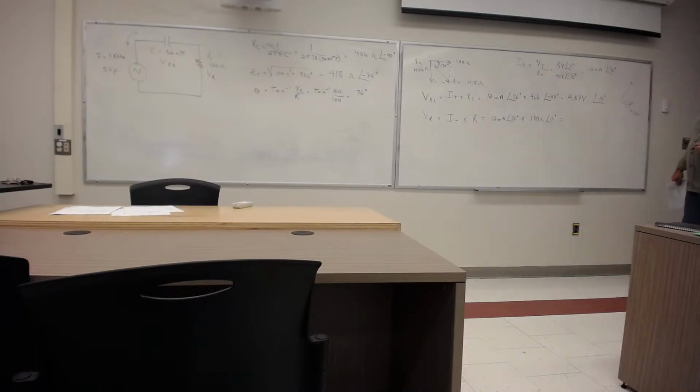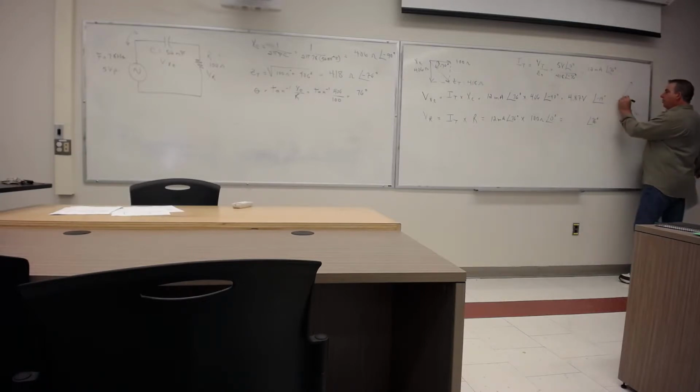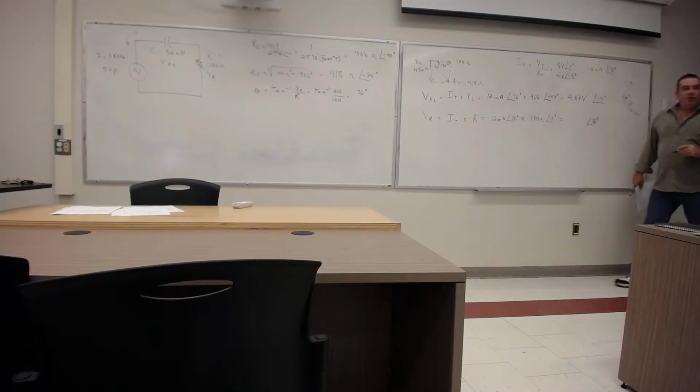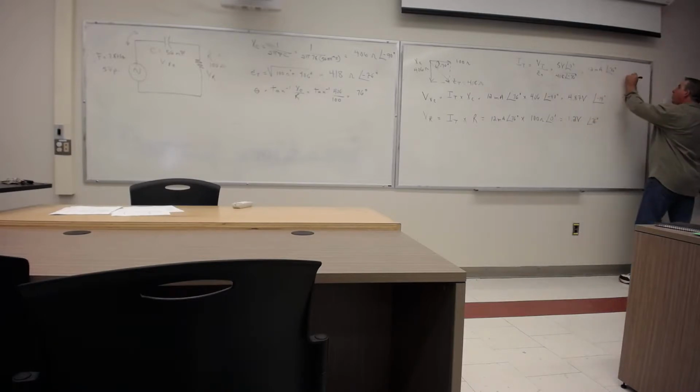So I know my angle is going to be 76 degrees. So this angle right here is going to be 76 degrees. I know that for sure. And then I'm going to go 12 milliamps times 100 ohms, 1.2 volts. So I'm going to put that right over here. 1.2 volts.